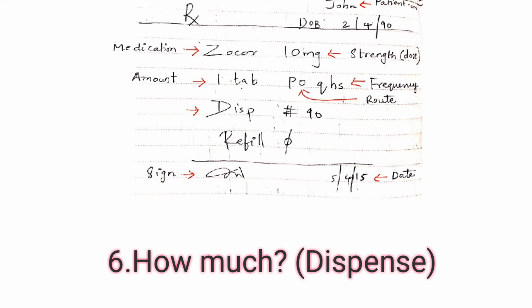Next is disp 90. This represents how much medication is to be dispensed to the patient. Here it is 90 pills, one for every day. That will be about 3 months. So this part basically indicates how many pills or bottles or inhalers are to be dispensed.